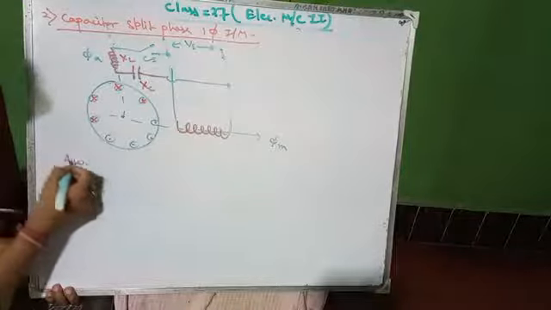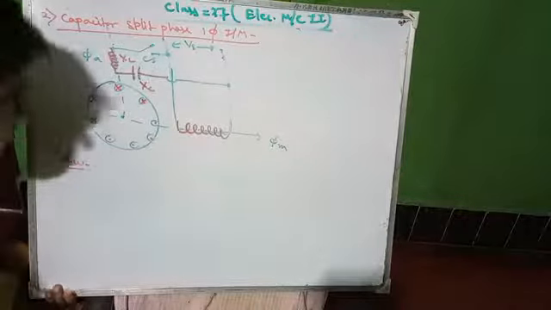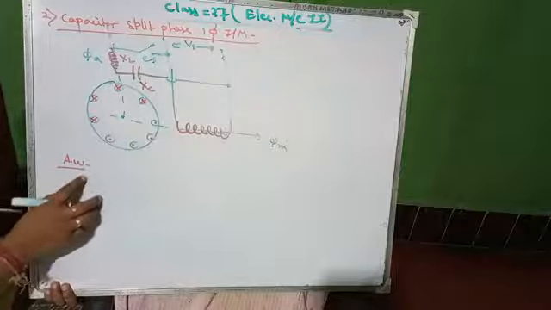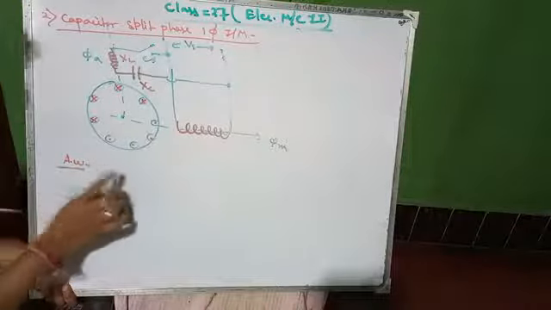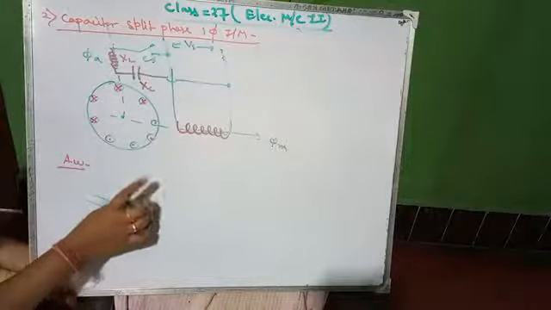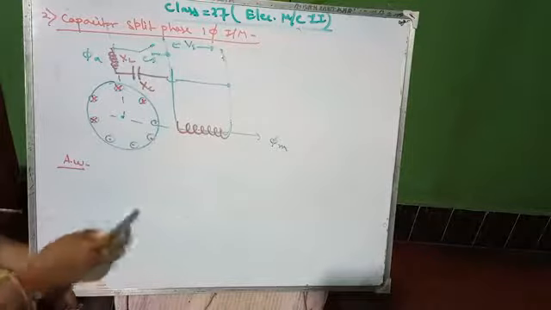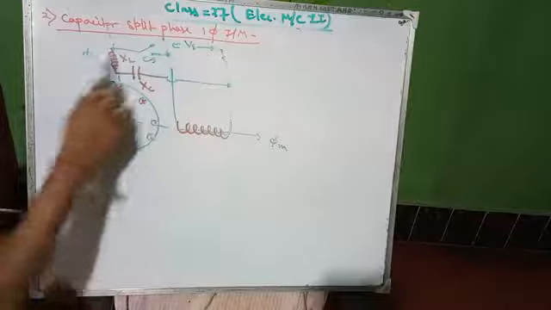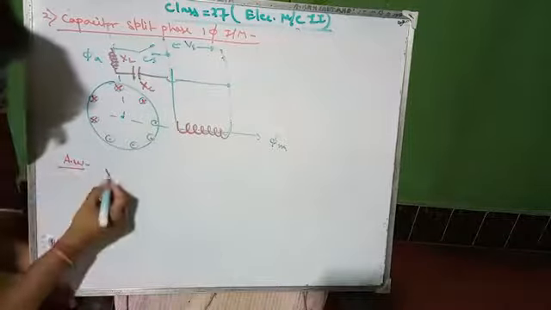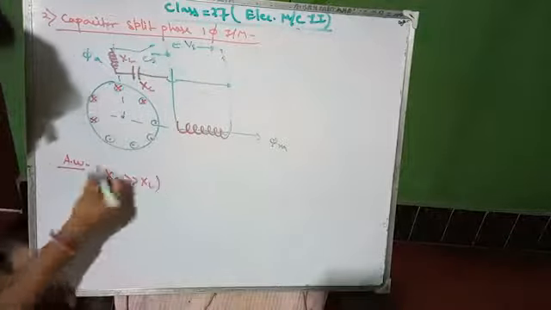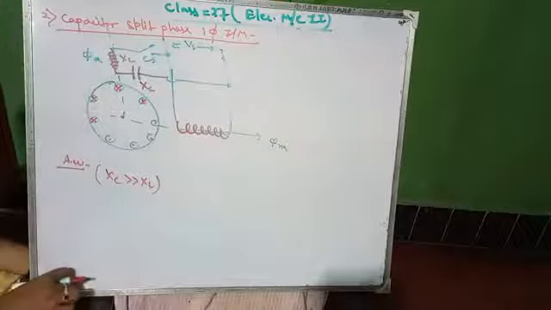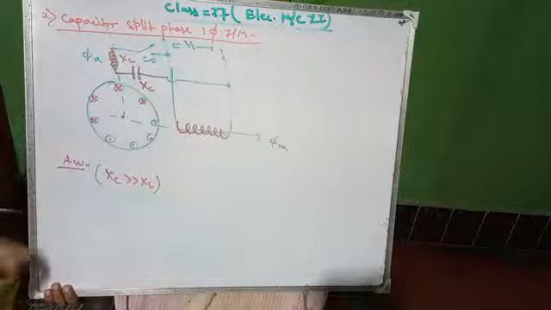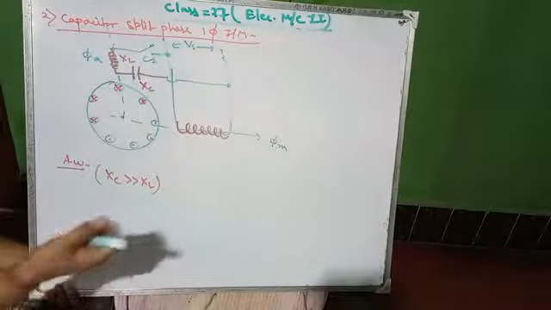The auxiliary winding contains a capacitor of capacitance XC and a small inductor having inductance XL. Here XC is much greater than XL, so it is not inductive in nature, and negligible resistance is offered.